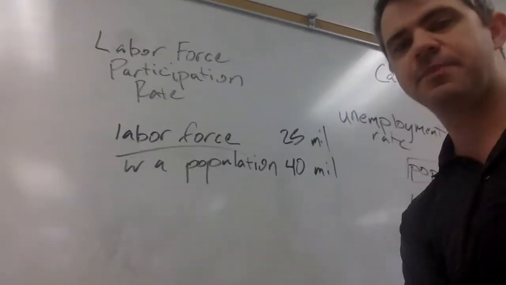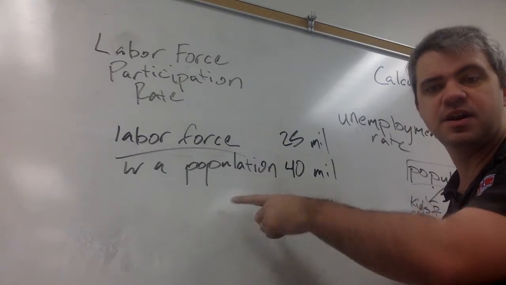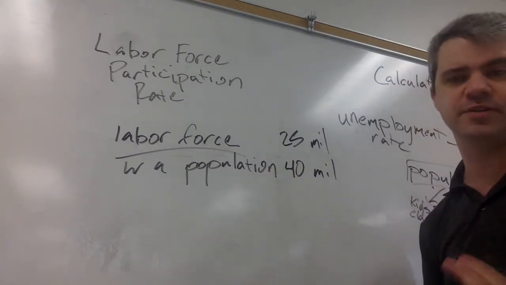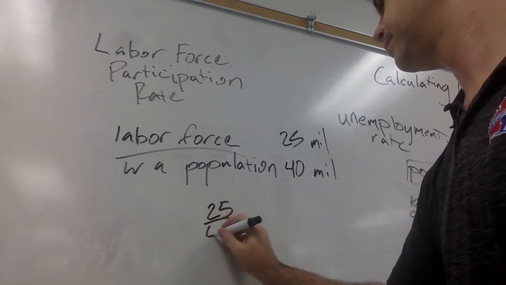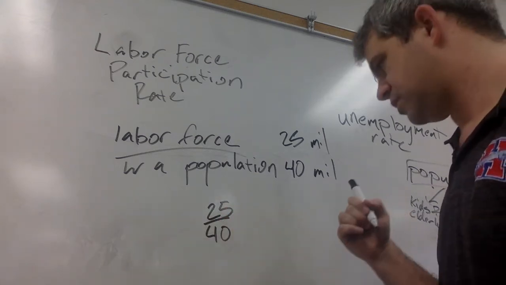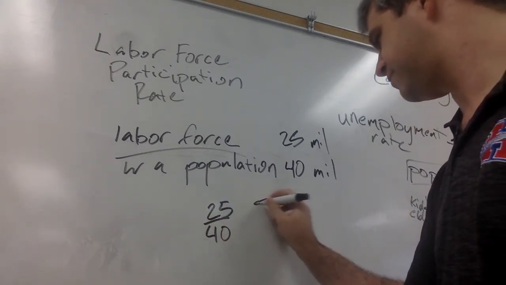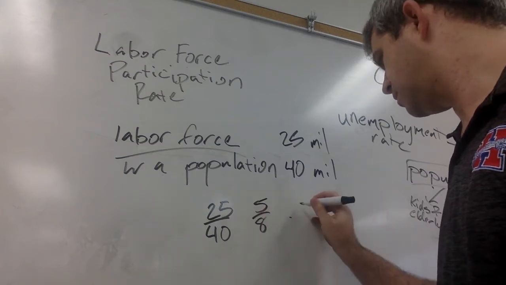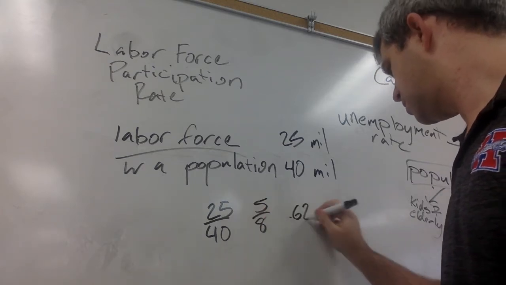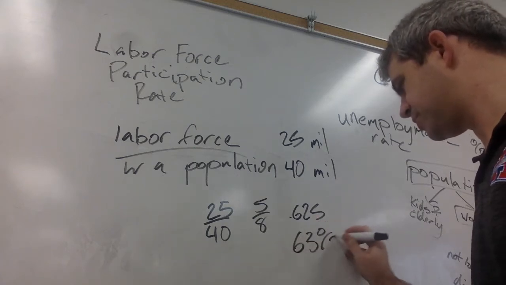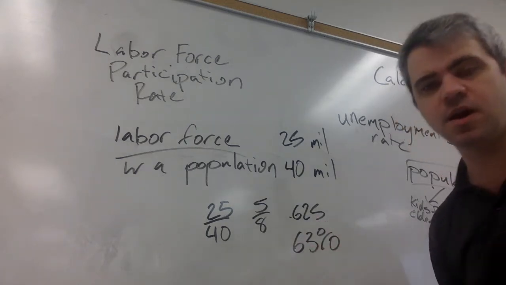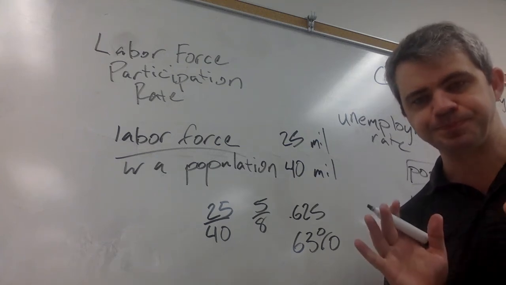We divide here and multiply by 100% to turn it into a percentage. So this is 5 out of 8, which would be 63%, give or take, after we multiply by 100%.